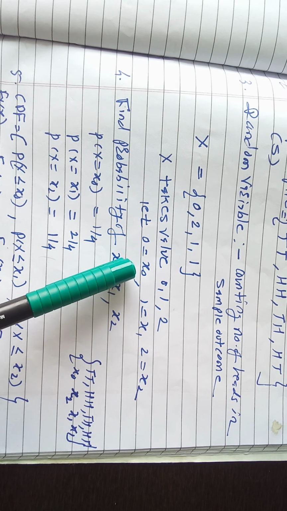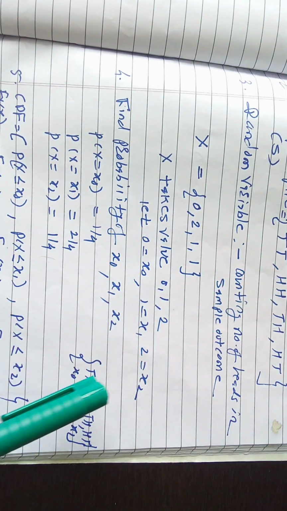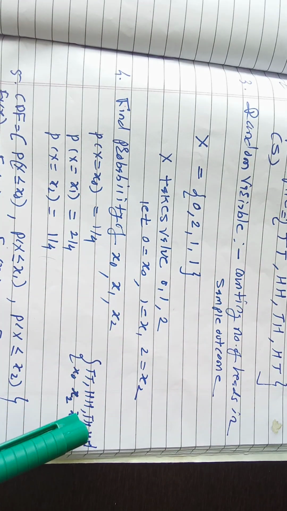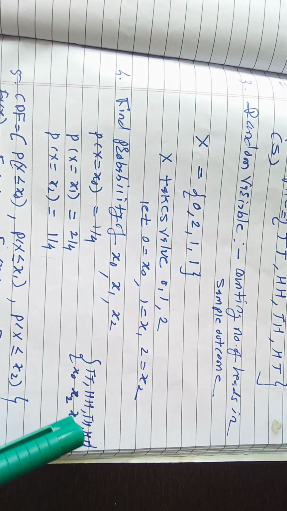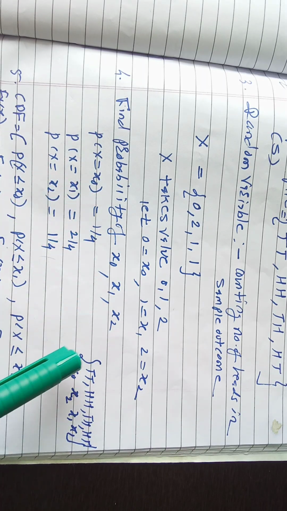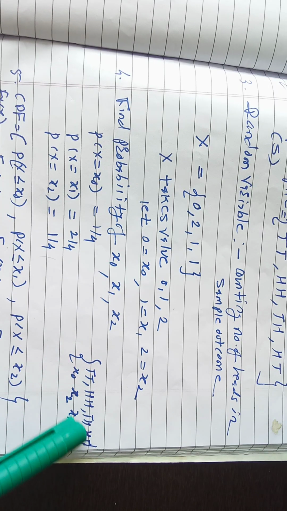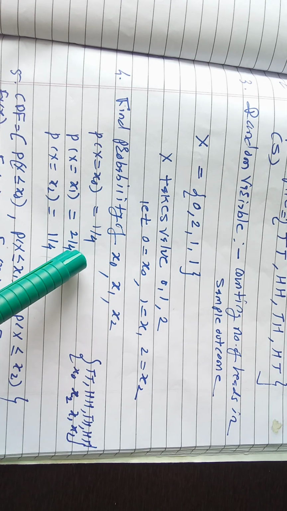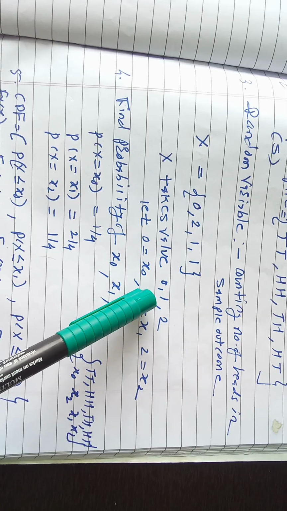While finding the probability of a random variable value, you have to again take this set: tt, hh, th, ht. tt corresponds to x0, hh corresponds to x2, th corresponds to x1, ht corresponds to x1. So probability x equal to x0: x0 comes one time, and there are 4 outcomes, so it is 1 by 4.